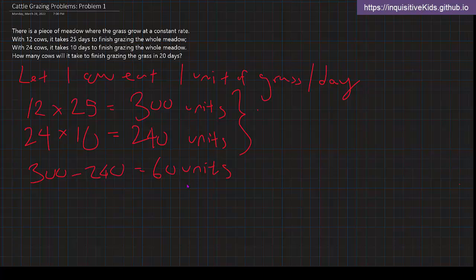And now we're trying to find the rate that the grass is growing at. So we take this 60 units and divide it by the difference of the days, so 25 minus 10. 25 minus 10 equals 15. 60 divided by 15 equals 4. So it's saying 4 units of grass grow per day. So this is the rate the grass is growing at.